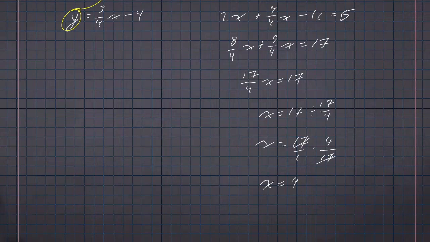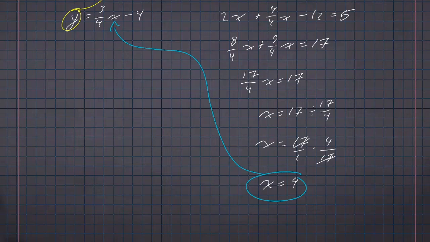which is good and important, but not the end of the story, because we are talking about coordinates in two-dimensional space. We need an x value and a y value. So now that we have this value for x, we can take it and put it back into one of the equations we started with.